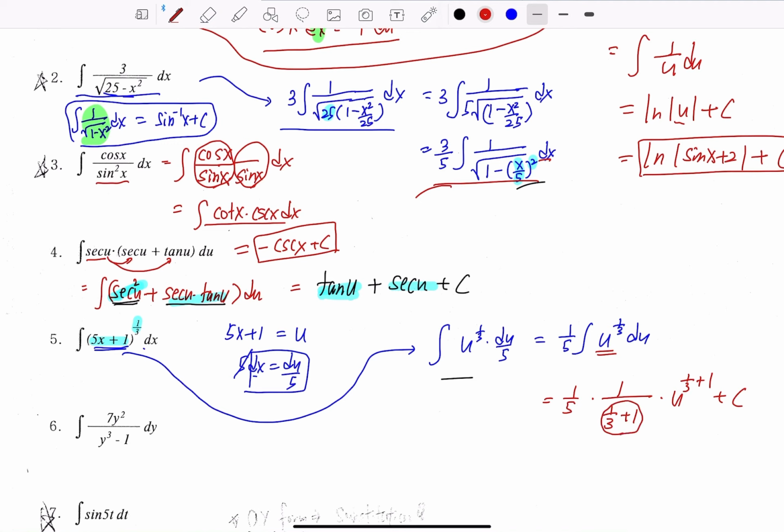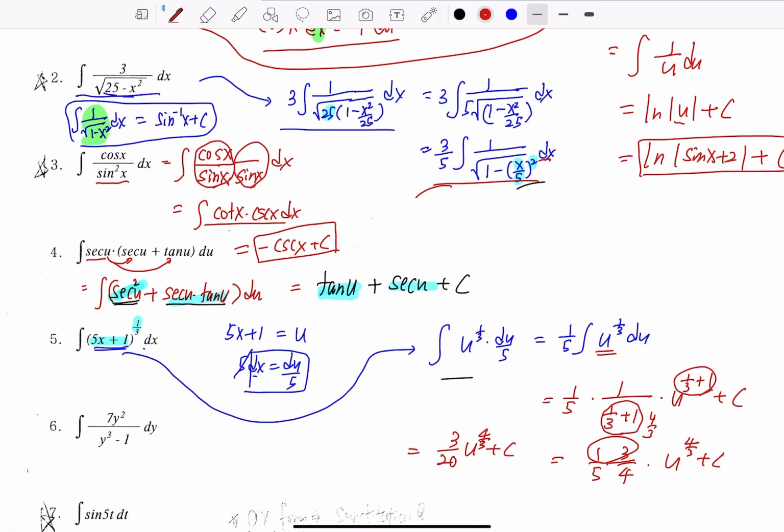In the denominator, 1/3 plus 1 is 4 over 3. 1 over 4 over 3 is 3 over 4. So 3 over 4 times 5, and then u to the 1/3 plus 1, which is 4 over 3 power. So the answer is 3 over 20 u to the 4 over 3 power plus c.